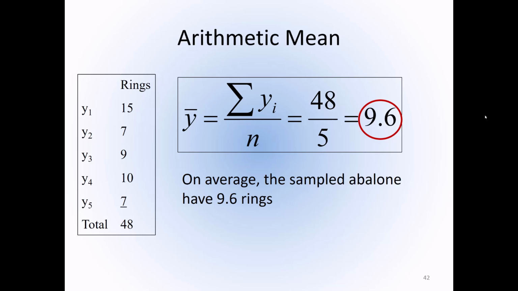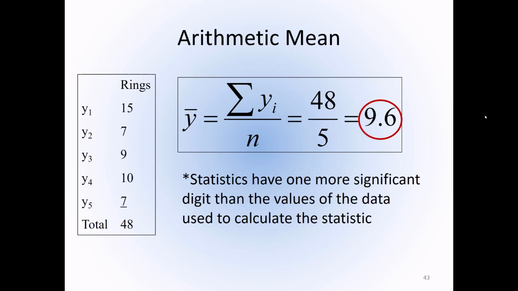Now, note here that for each one of our respective means, we have a different number of values after the decimal place. The reason for this is that in statistics, it's good practice to report one more significant digit in our output than the values used to calculate it.